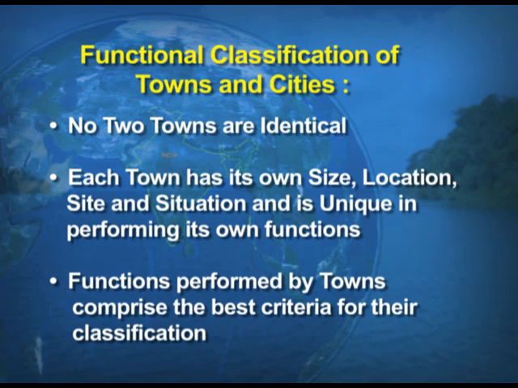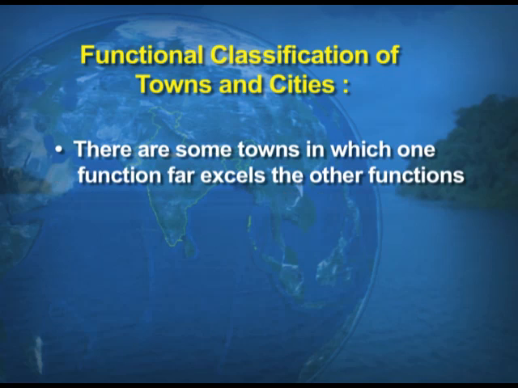Functions performed by the towns comprise the best criteria for their classification, and there are some towns in which one function far excels the other functions. Now, we classify the towns on the basis of functions.